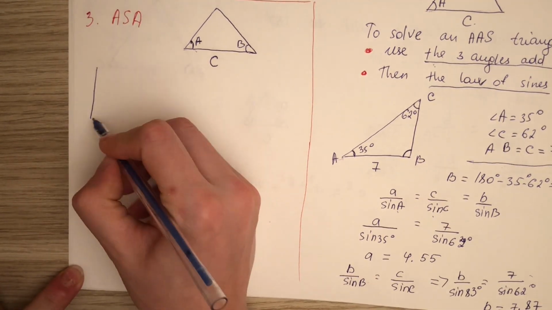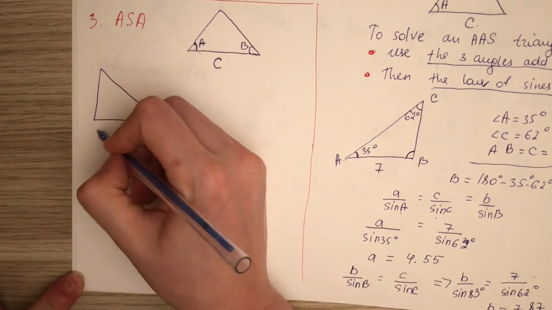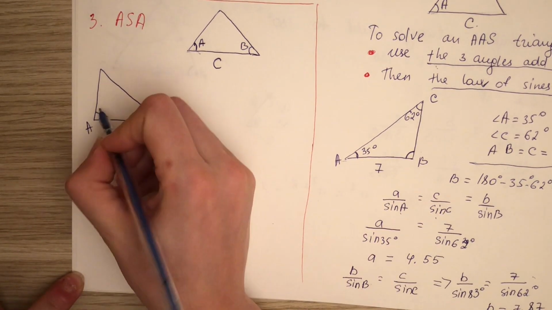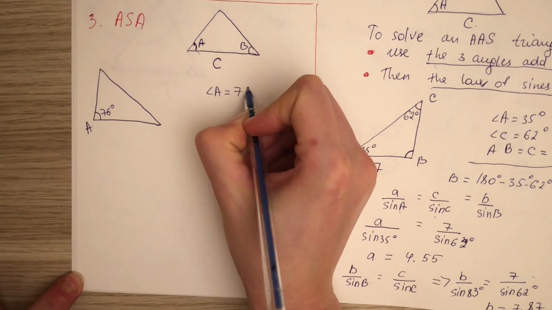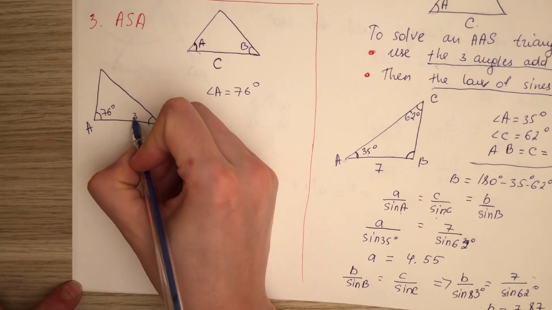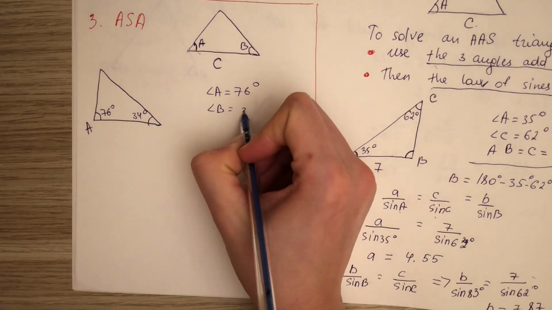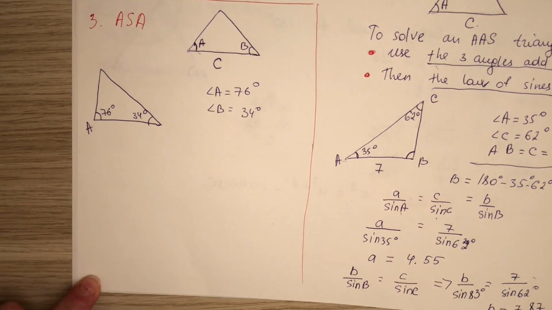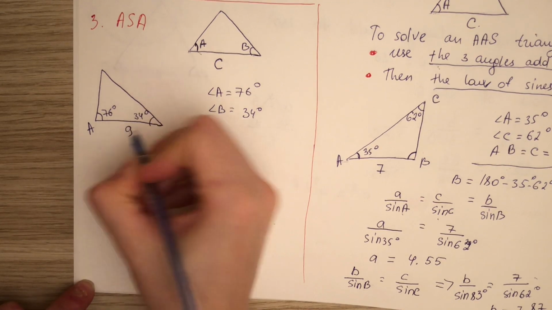We are given a triangle. A is 76 degrees and B is 34 degrees, and we are given the adjacent side 9.